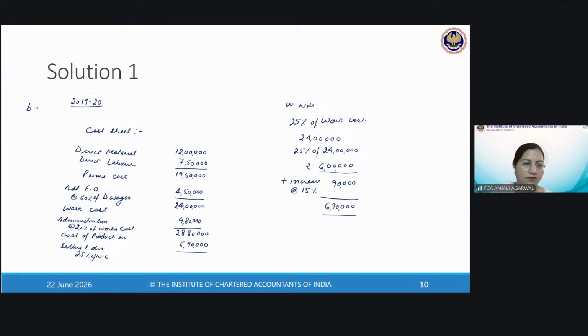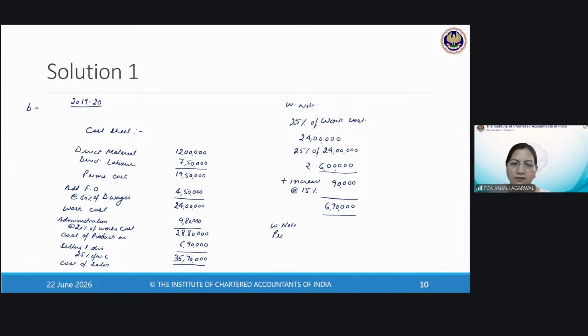So your total cost of sales comes out to be 35 lakhs 70,000. To this you will add profit. Another working note.